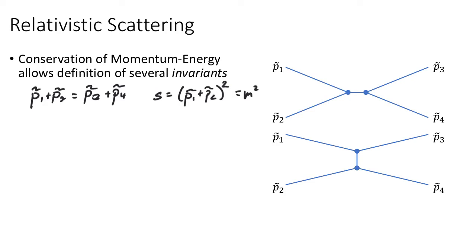Now, in the second diagram, I'm concentrating on what goes in between the two particles. So if one particle starts with P1 and ends up with P3, and the second one starts with P2 and ends up with P4, then what goes in between is what I want to concentrate on, and I'm going to call that variable t.